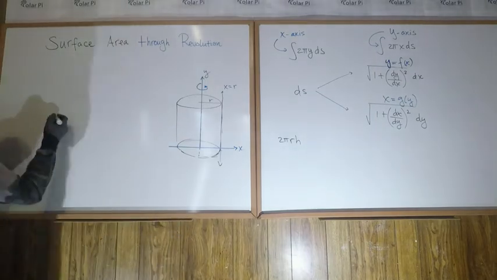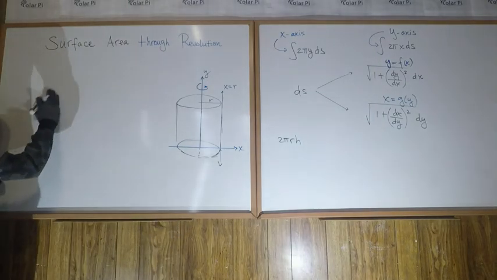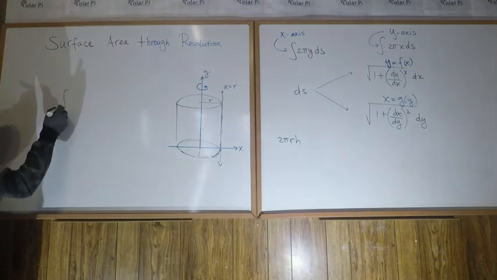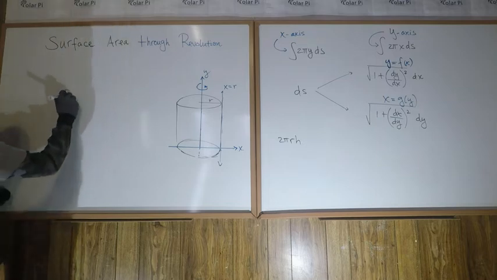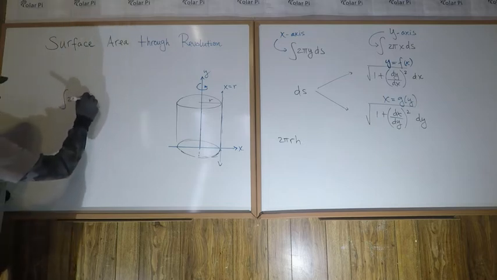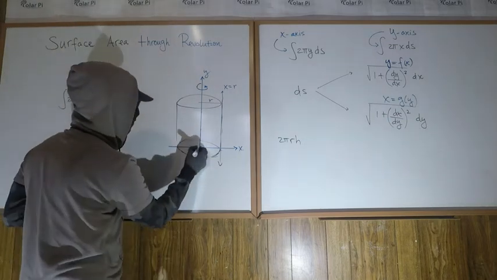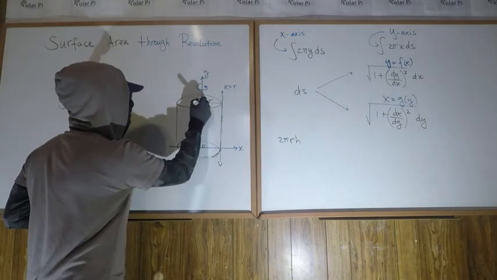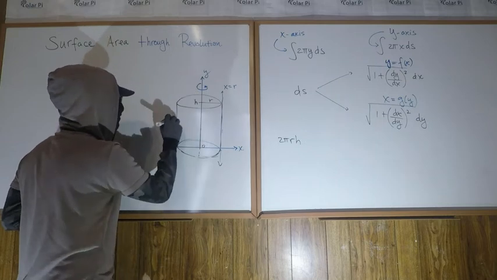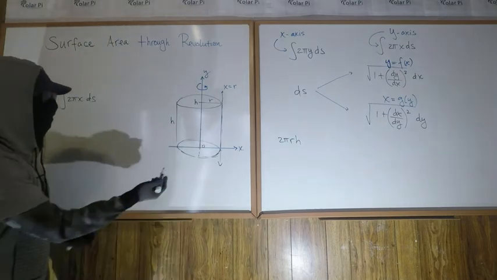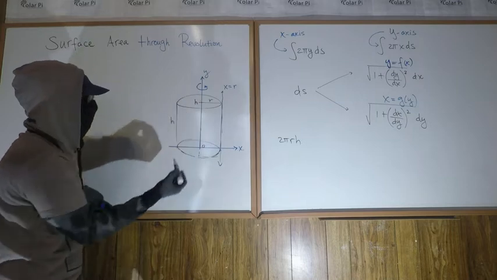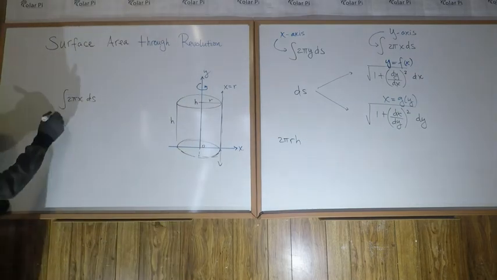So we're going to go 2 pi x ds. Let's say along the y we're going from 0 to h, because we said that the cylinder's height is h, so from y equals 0 to y equals h are our limits.